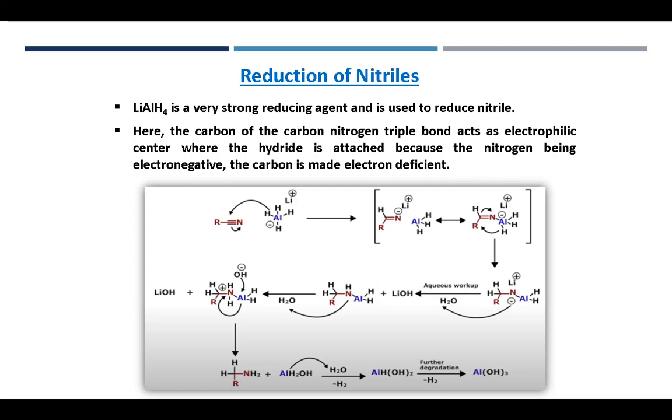So, the hydride adds twice to the nitriles, due to the triple bond, and during the reaction, the aluminium complex basically acts as a Lewis acid. Here, you can see the mechanism.